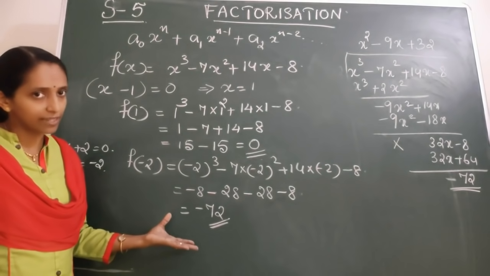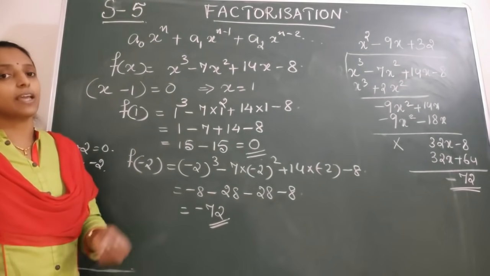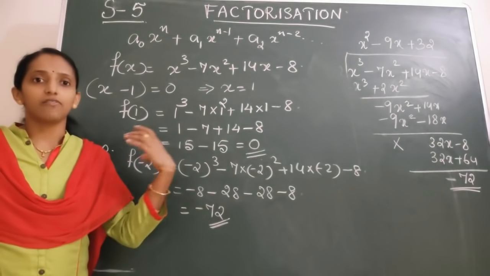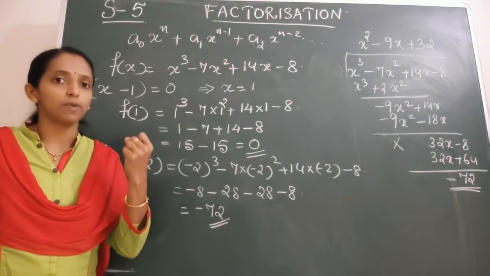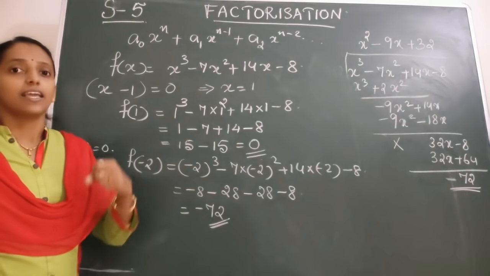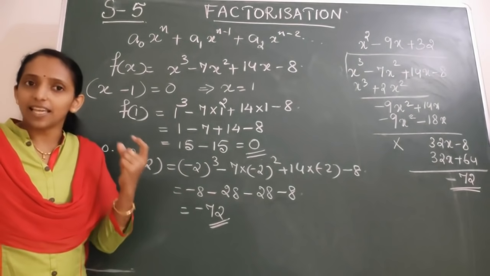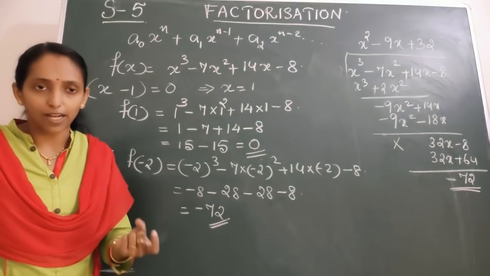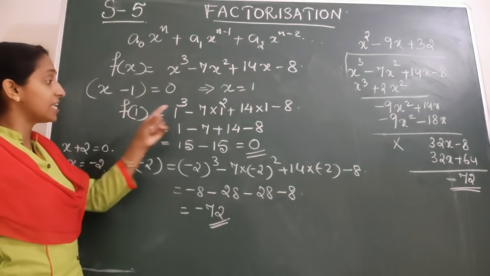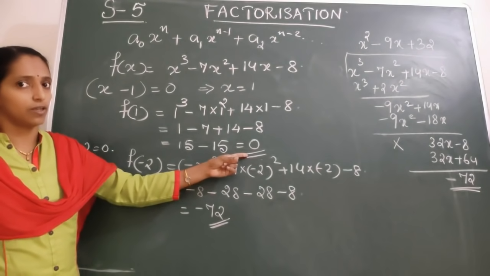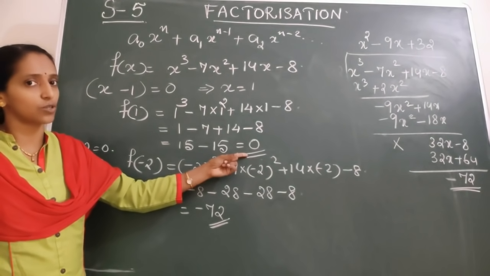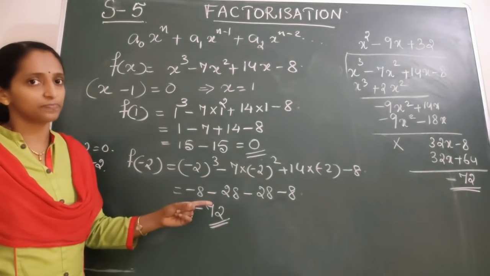What do you mean by the factor theorem? If f of x is a polynomial, and when f of x is divided by x minus a, it gives the remainder 0, if and only if f of a equals 0, then only we can say that x minus a is a factor of f of x.